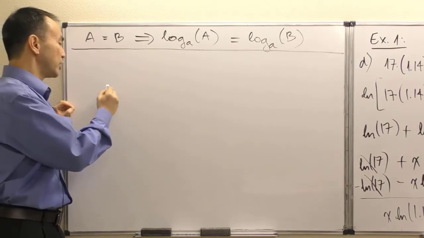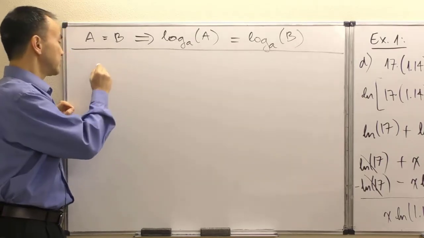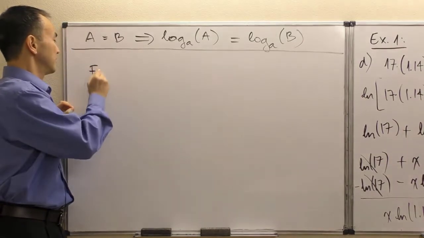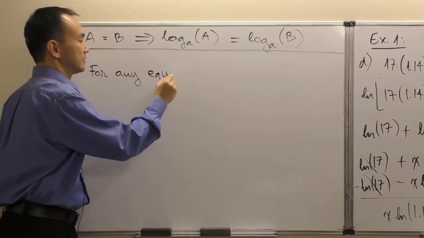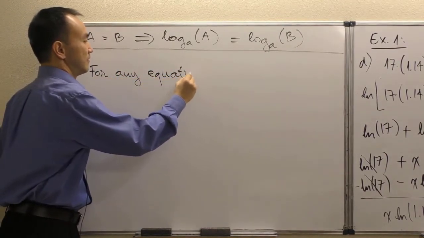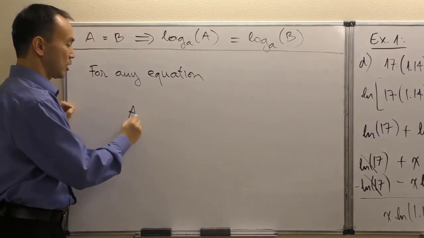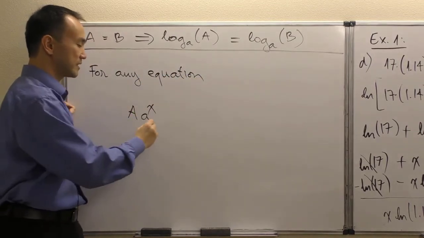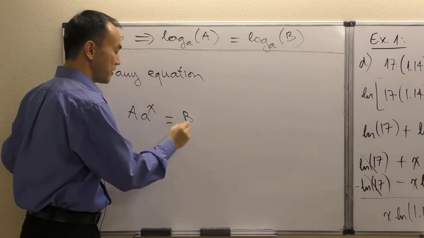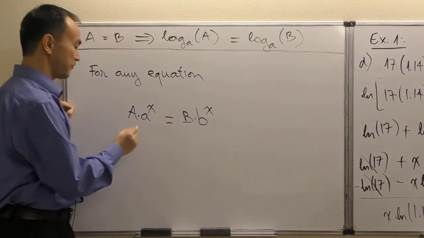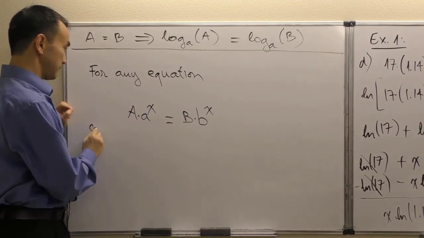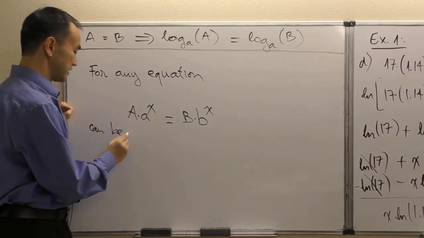So for any equation of the form a coefficient times a base to the x equals another coefficient times a different base to the x, we can solve it.